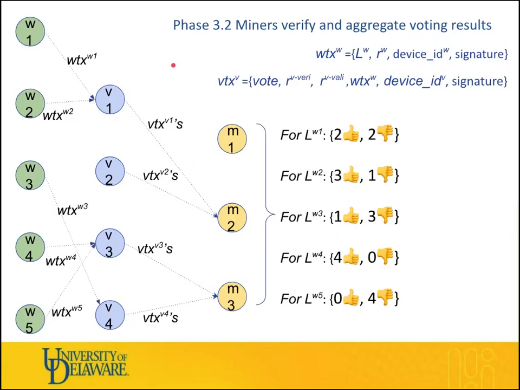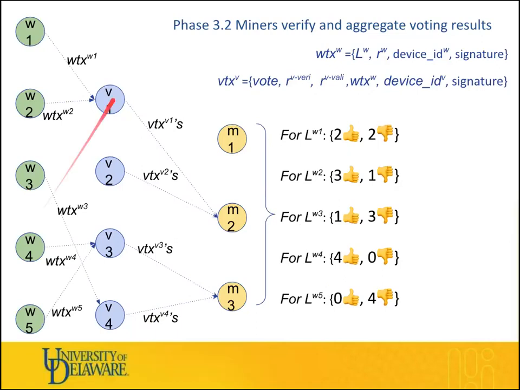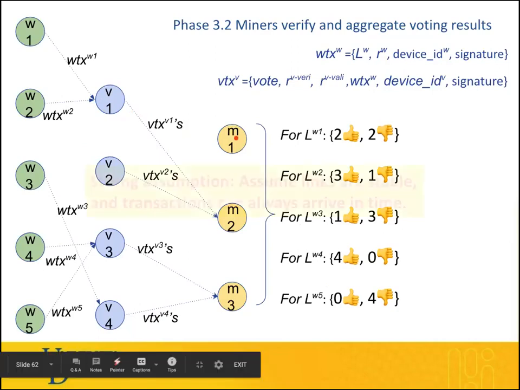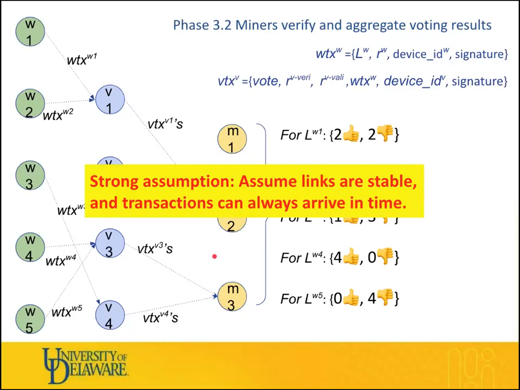Now, if you recall the original worker validator association, each worker would send its worker transaction to their respective associated validator, and the validators vote and send the validator transactions to their respective associated miners. Here we make a strong assumption. We assume that the link between any pair of devices is stable enough to not lose any packet, and all the transactions can arrive in time.